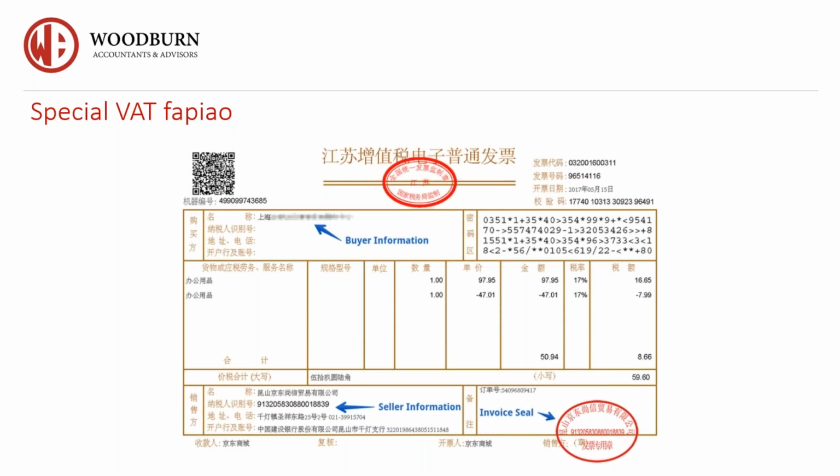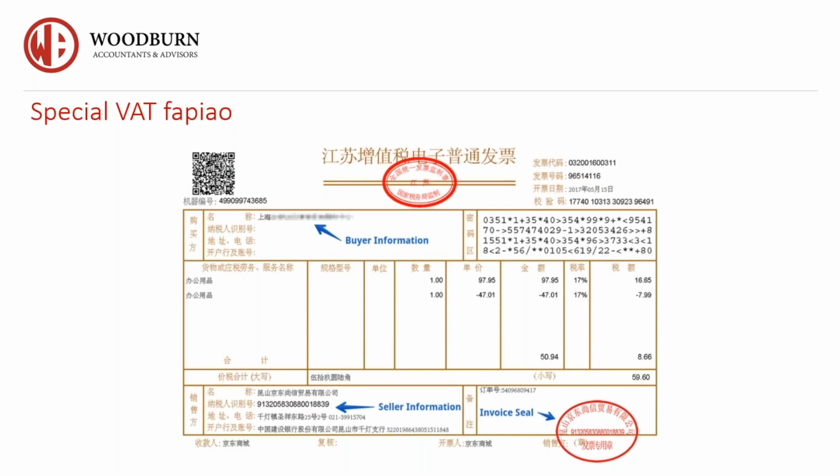You're going to have to separate what is taxed, what is not taxed. You're going to have to provide the bank account information of the buyer and the seller, the sales price in RMB, as well as then the VAT calculation. This Fapiao is going to be printed out through a printer that needs to be purchased at the tax bureau, and your invoice seal put on it.